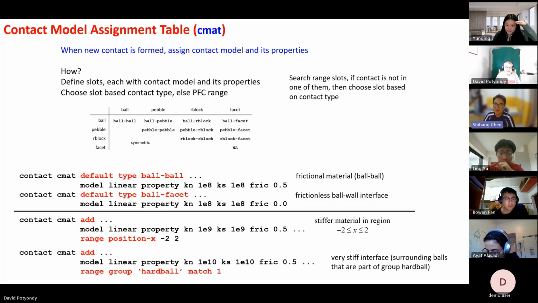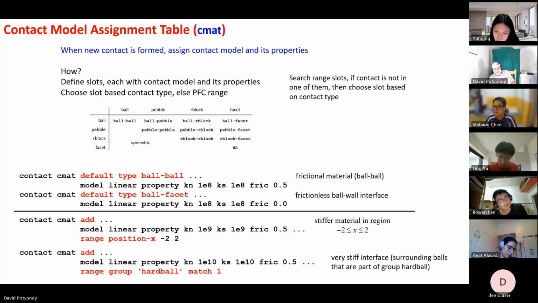And my question is, if we use the CMAT default type of ball like this, and we give the ball properties with different stiffness and friction coefficient, which property would the system use to calculate the contact force: the properties of the balls or this contact information?